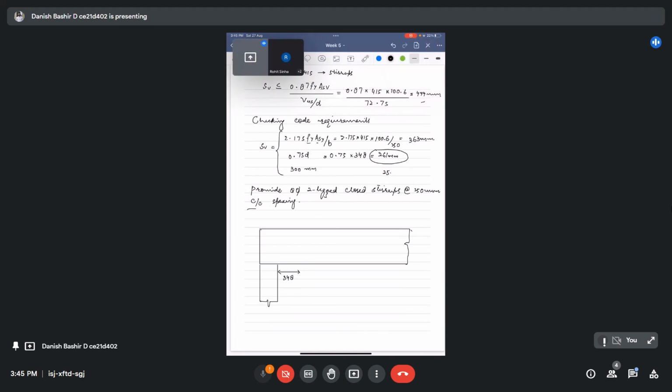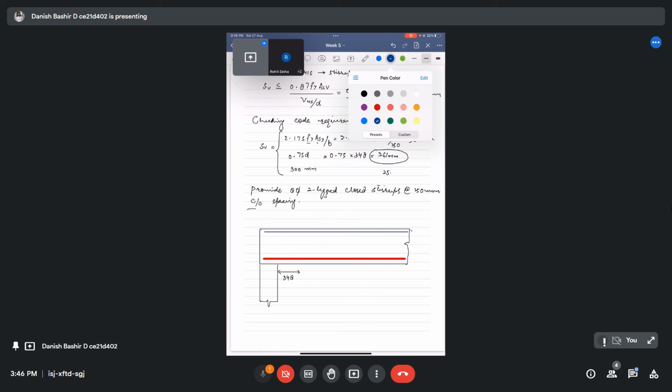I will draw it with a different color. Longitudinal reinforcement coming like this one. This was our longitudinal reinforcement coming, and this was our compression reinforcement there. So we designed our stirrups at this critical section.